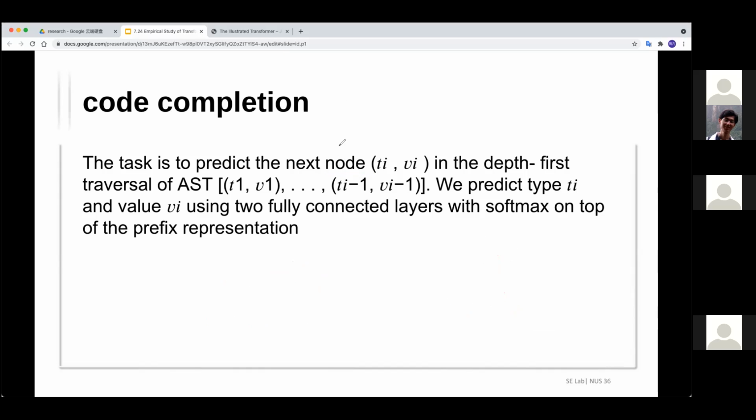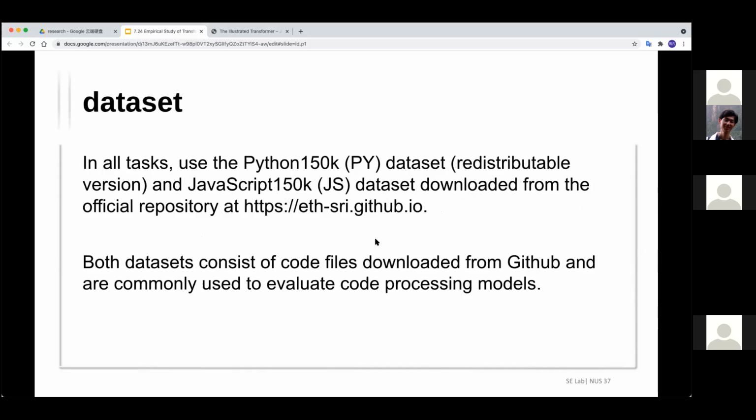So let's look at how they conduct the transformer empirical study, and that will be some useful information for us. Yeah, here is the data set, and the data can be downloaded from GitHub. He used two programming languages, Python and JavaScript.